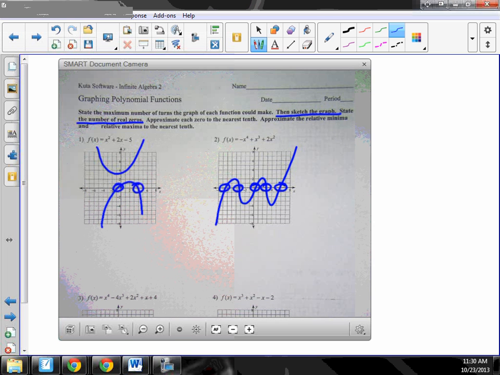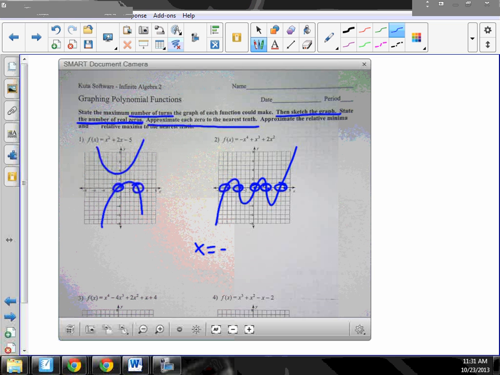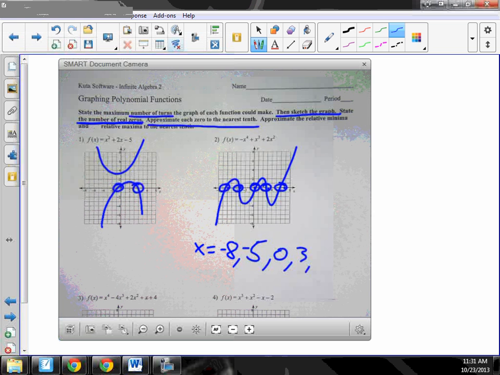So you'll state the number of turns, you'll state the number of zeros, and you'll estimate what each of them are. So not only do you want to count how many there are, you want to tell me x equals -8, -5, 0, 3, and 6.